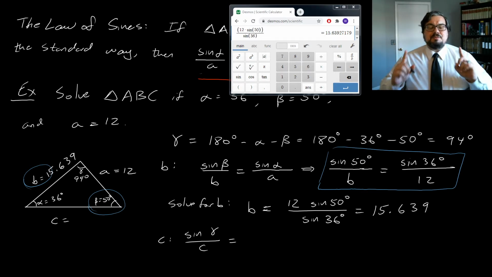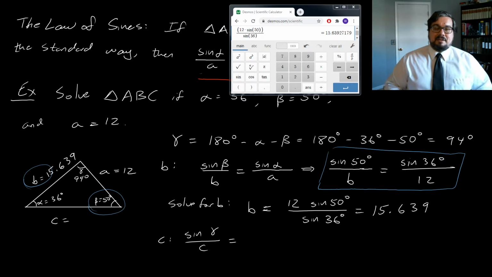Now, at this point, we do know beta and we have an approximation for b, but we still don't want to use those. Just like when we were solving triangles before, as much as possible, we want to use the original data that was given to us at the beginning of the problem. We want to avoid, for as long as possible, using approximate values that we have worked out during the process of the problem.